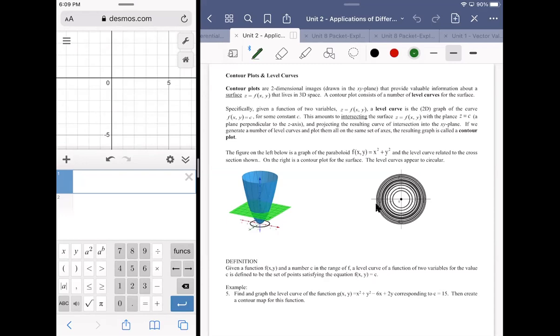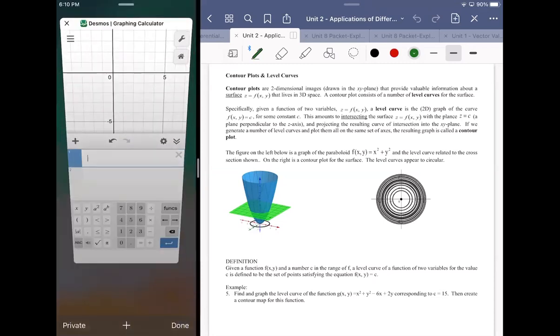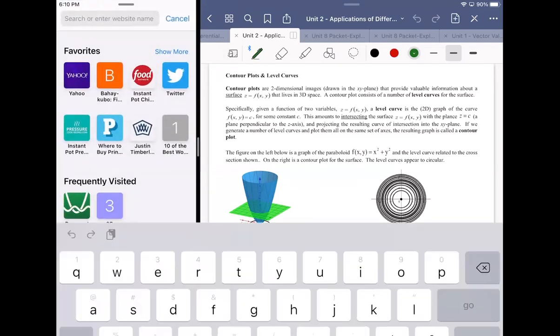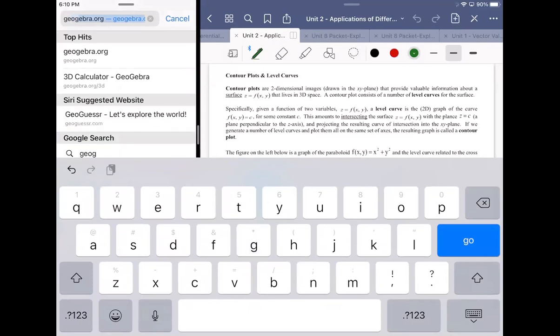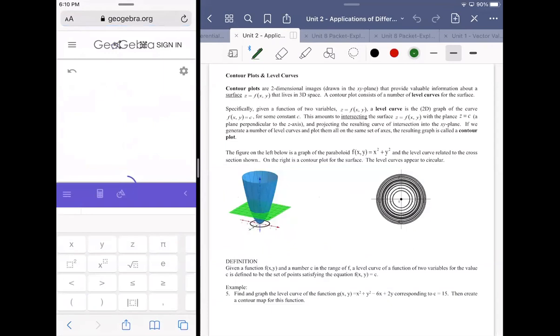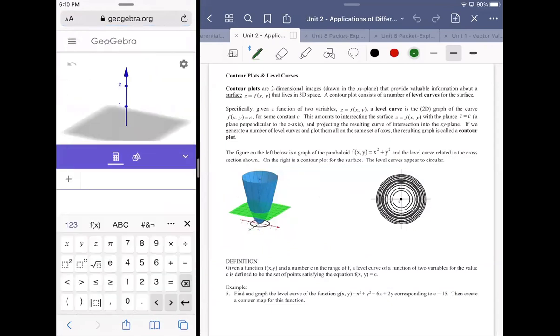So a long time ago, I created a GeoGebra for this. It's so long ago that I don't even know where I put it, so I'm just going to hope I can find it quickly.